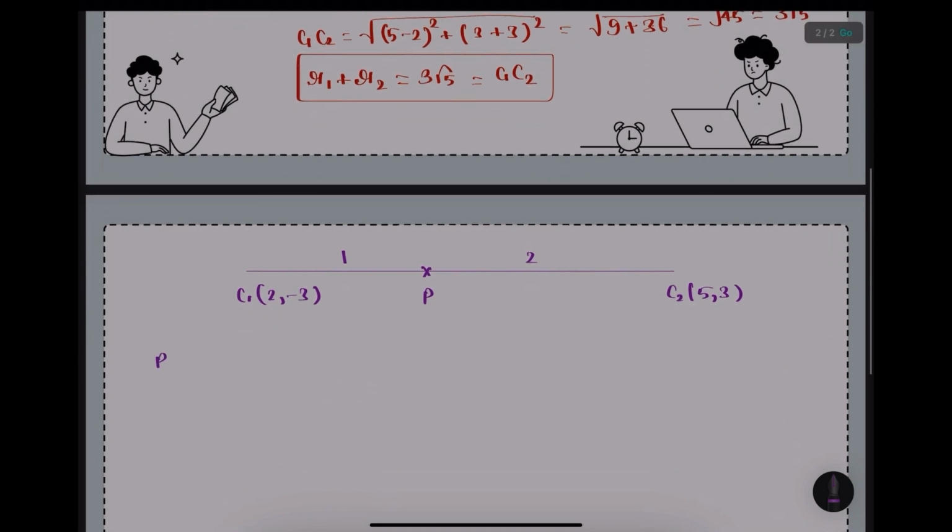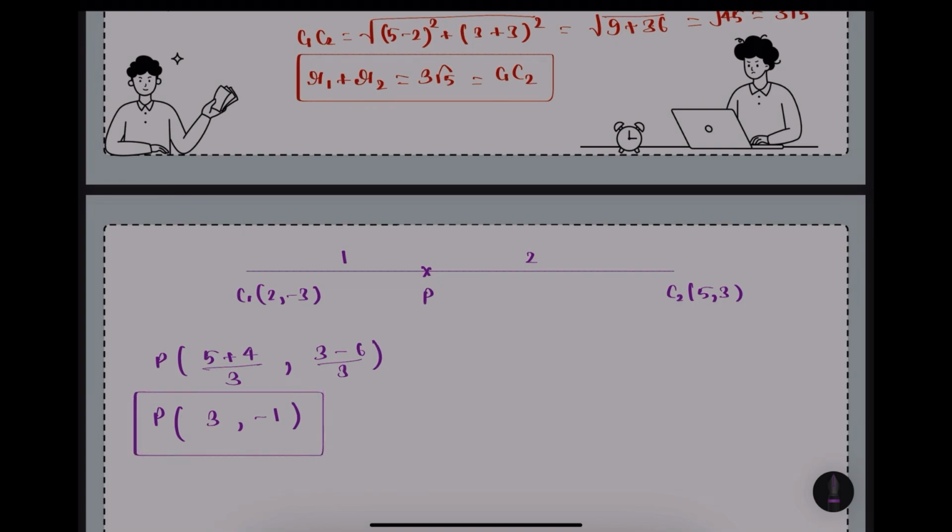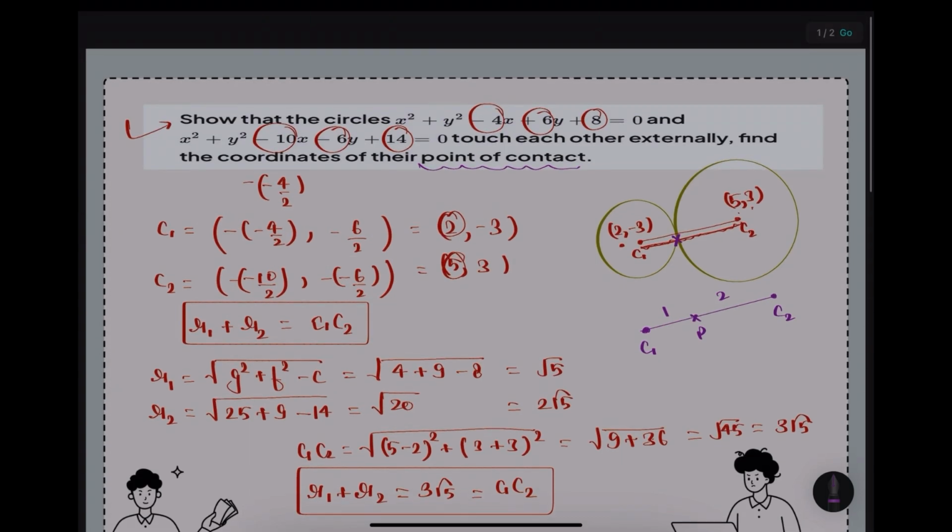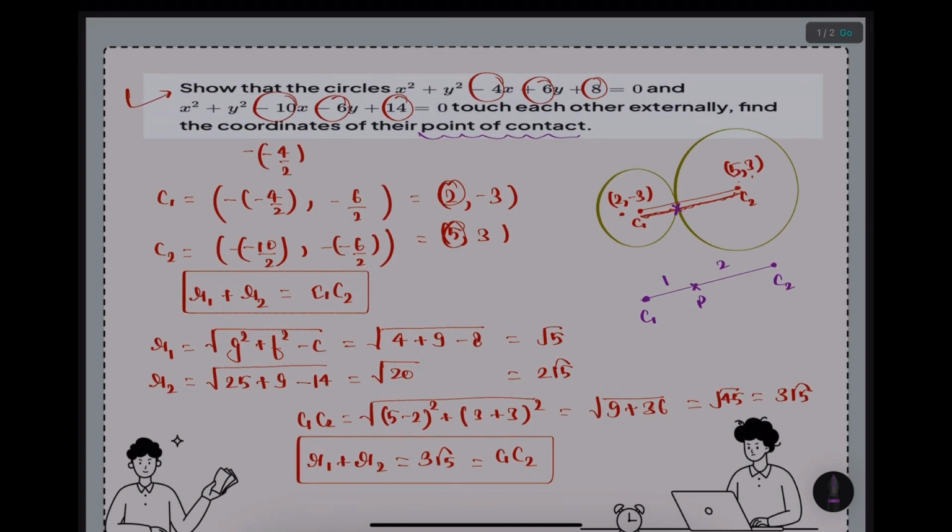I'll go with P. So you know that it is (1 times 5 plus 2 times 2) by 3, comma, (1 times 3 plus 2 times minus 3) by 3. So P is 9 by 3, which is 3, comma, minus 3 by 3, which is minus 1. So you got your point of contact as 3 comma minus 1. I hope this idea is clear.